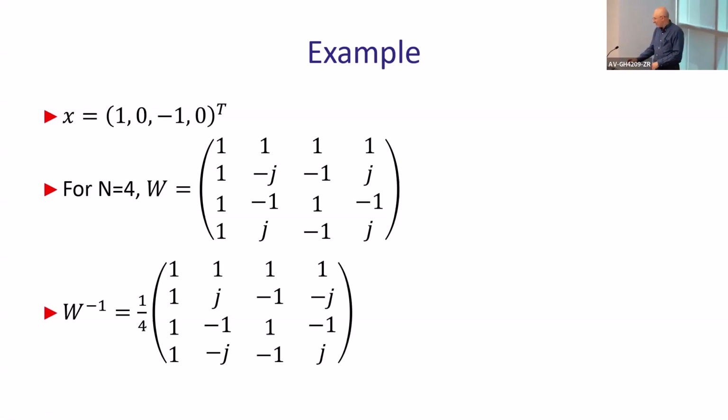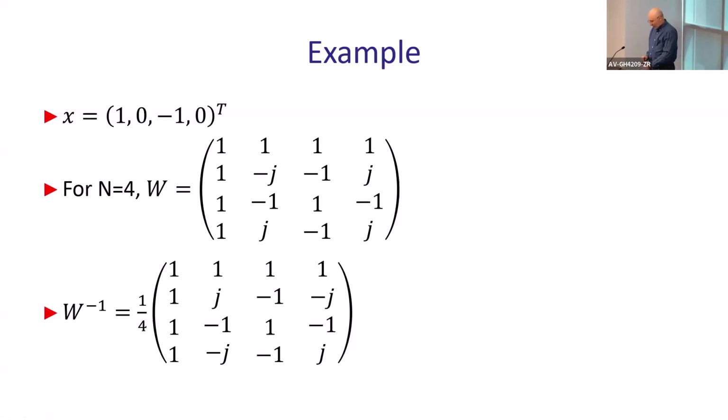This conjugate will be replacing all of the j's with minus j's, everything else will stay the same, and you're doing transpose on these values, which means the first row will become the first column, but since all of them are symmetrical, you're not changing anything, practically speaking. So all you do is just conjugate that thing and divide by 4. That's simple.